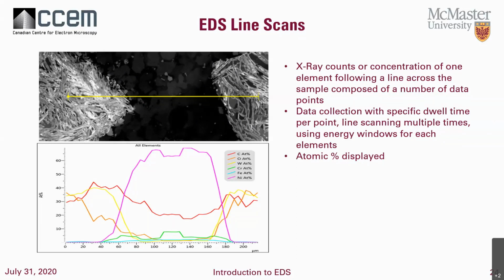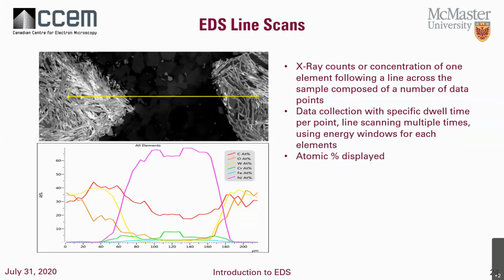You're going to have to do longer scans with line scans and maps. So it's important to consider what information you need, whether a map will get you the information you want, or whether a line scan, which takes less time, would be more beneficial.